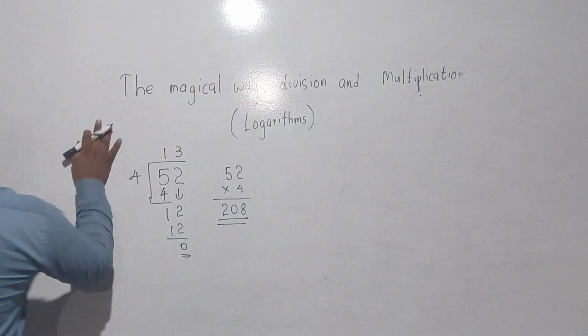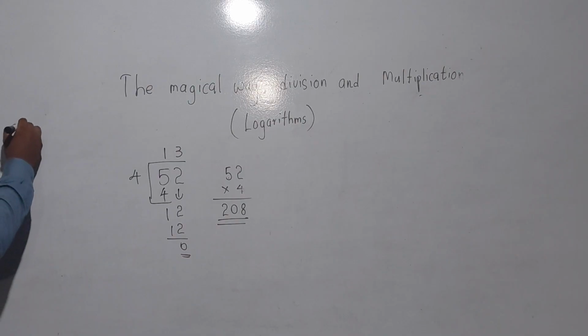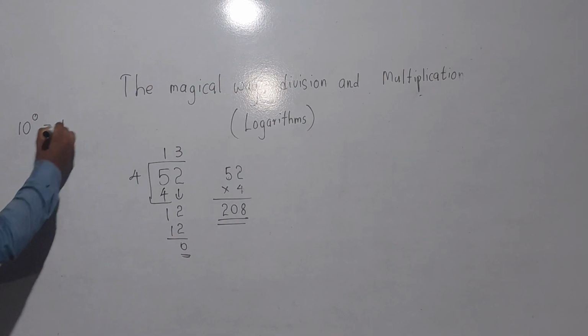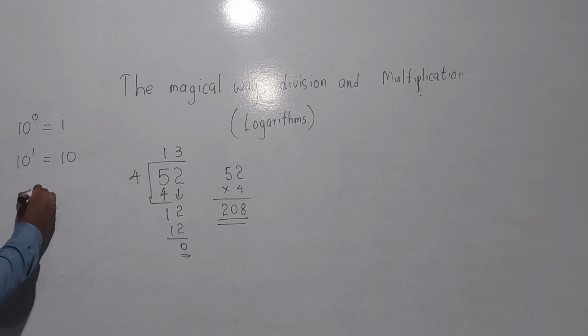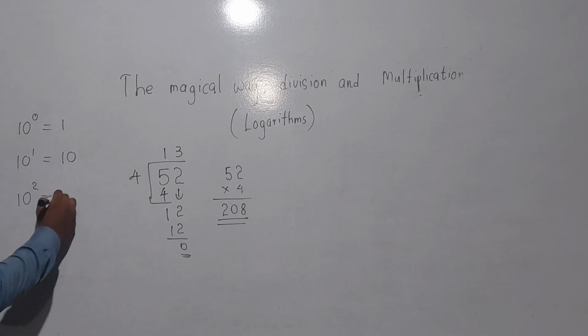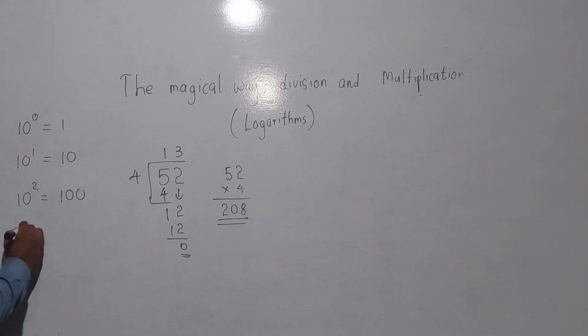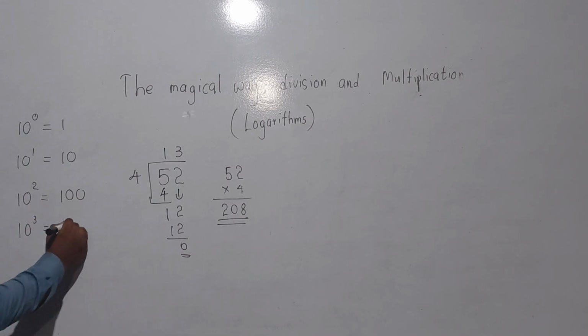First I write tens powers here. 10 to the power 0 is 1, 10 to the power 1 is 10, 10 to the power 2 is 100, 10 to the power 3 is 1000, 10 to the power 4 is 10,000.